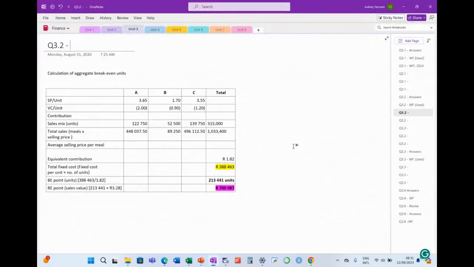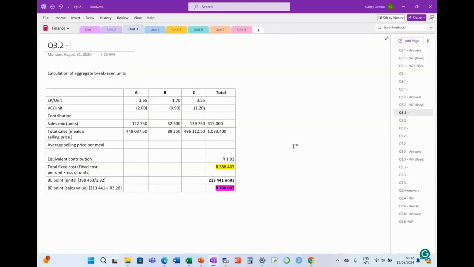So under 3.2, under the required, it says calculate the aggregate break-even units and sales for Melon Ltd. Then up top it says Melon Ltd manufactures and sells 3 products which have the following revenue and costs per unit.